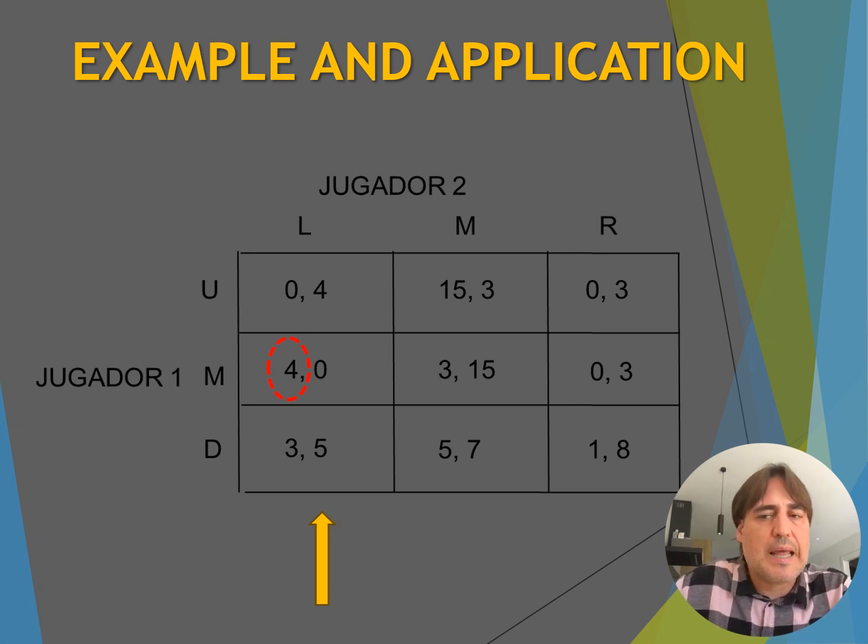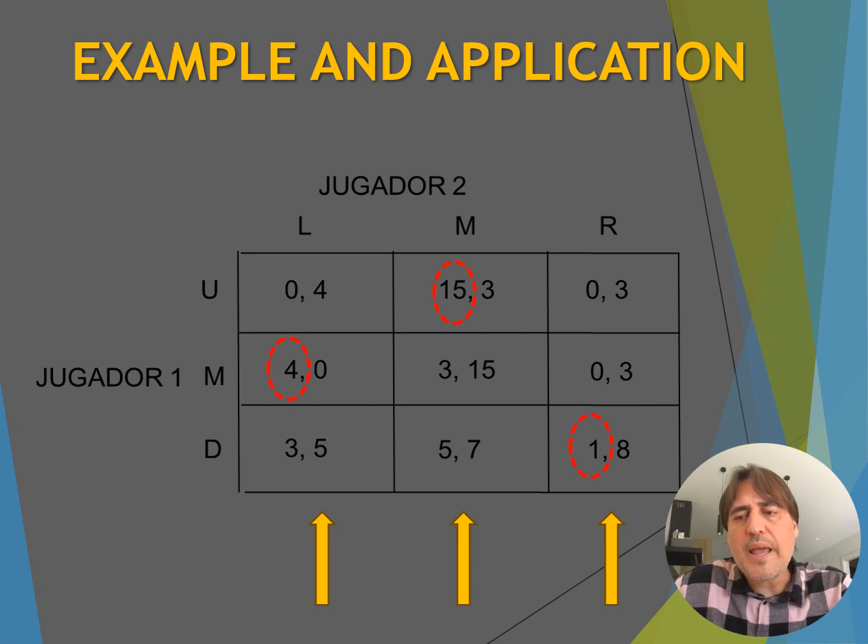Which are the other likely payoffs for player 1 when player 2 chooses L. Now we do the same for the second column when player 2 plays M, and find that the highest payoff for player 1 is 15 if they choose U. Finally, for the third column, when player 2 plays R, the highest payoff for player 1 is 1 if he chooses D. Next, we carry out a similar process for the rows.